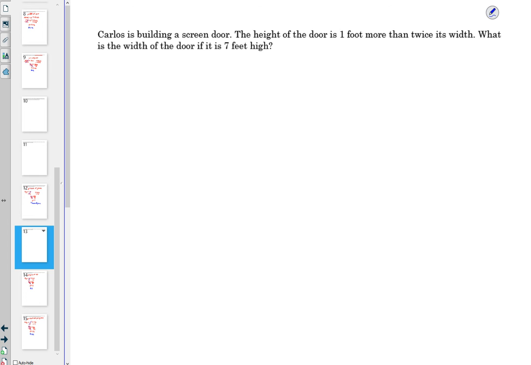What does the variable represent here? What are they looking for? Good. So W is going to be the width of the door.